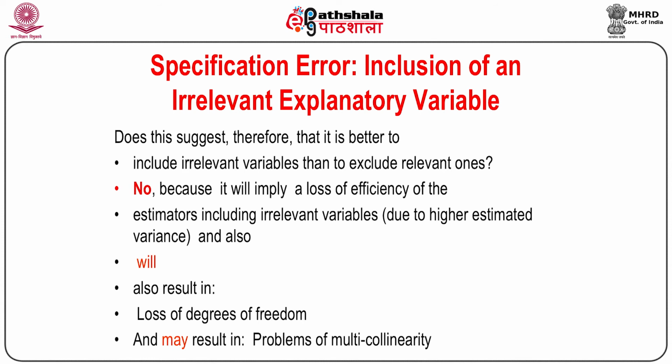At the same time, you may have a problem of multicollinearity. So, it is not always desirable to include an irrelevant explanatory variable because it may result in loss of degrees of freedom, it will affect the efficiency property of the estimator, and also may result in the problem of multicollinearity.